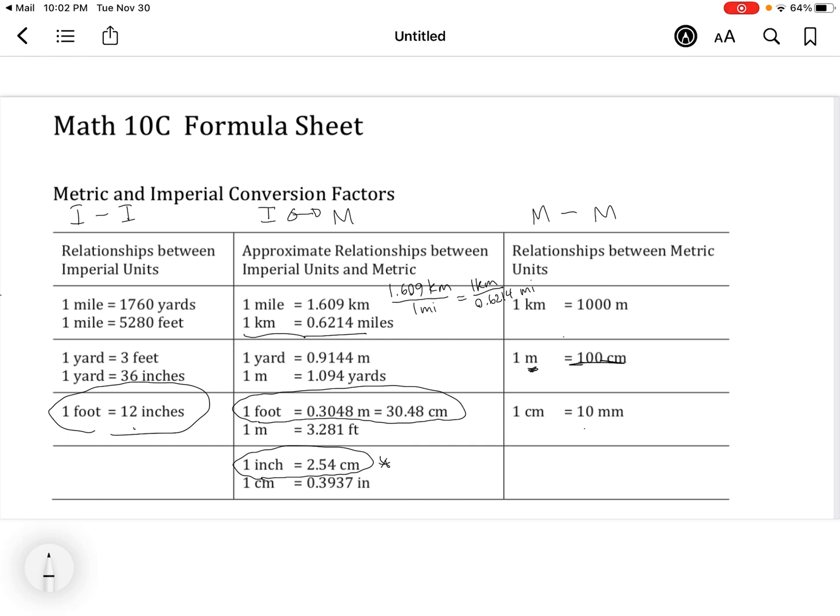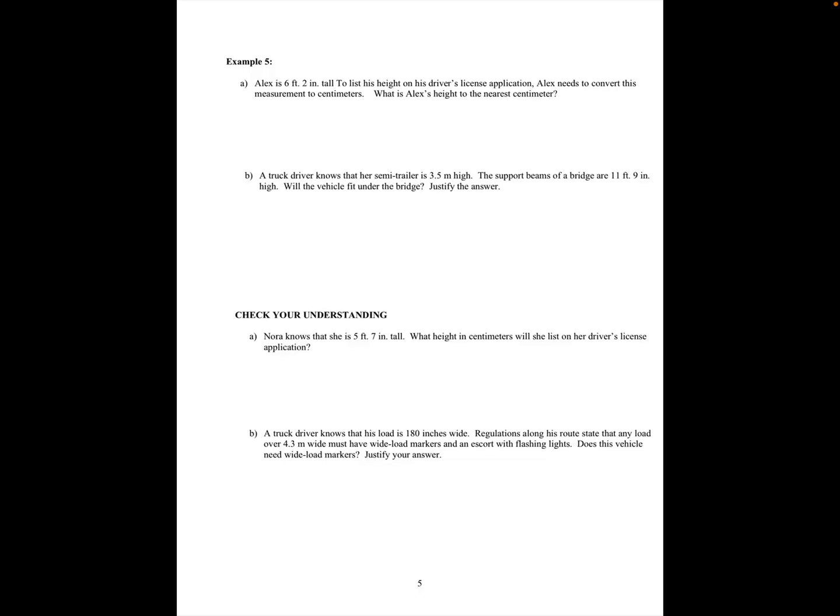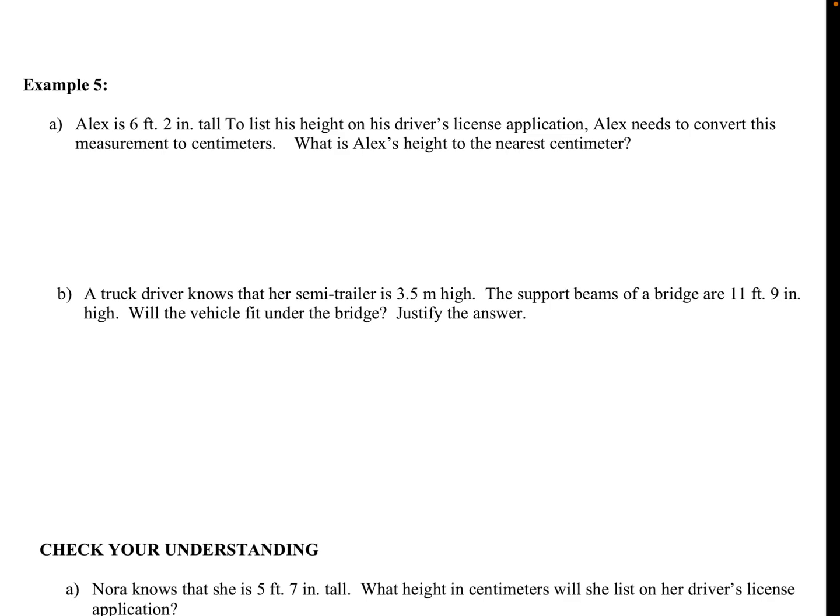Okay. In this case, it looks like I can just do this guy and this guy. Or I could convert the 6 feet to 72 inches first, add the 2, and then just use this one. Okay, I think I'm going to do the first thing, which was convert the 6 feet to centimeters and convert the inches to centimeters. Okay, so let's go back. Here we go.